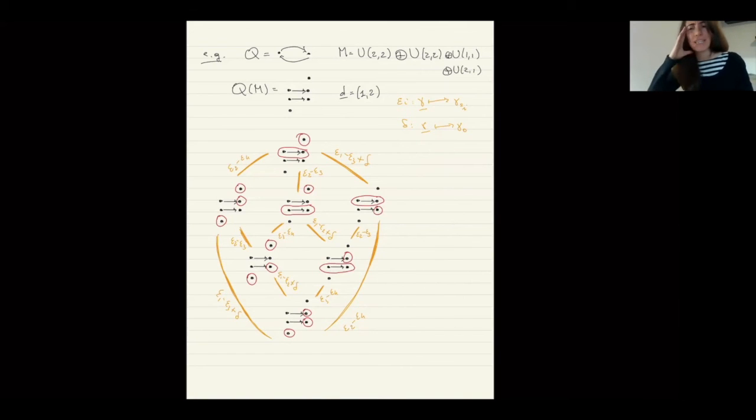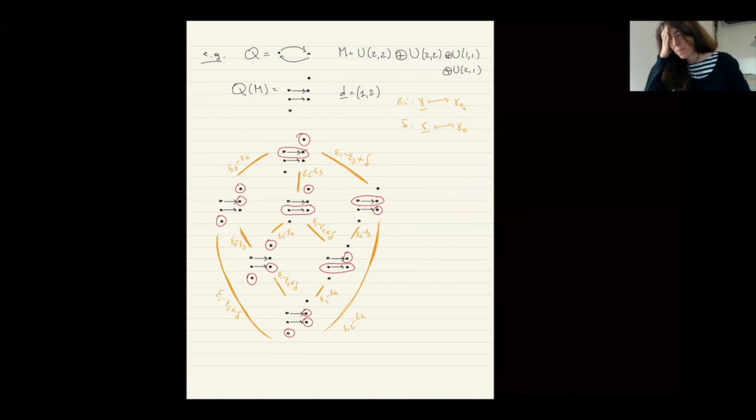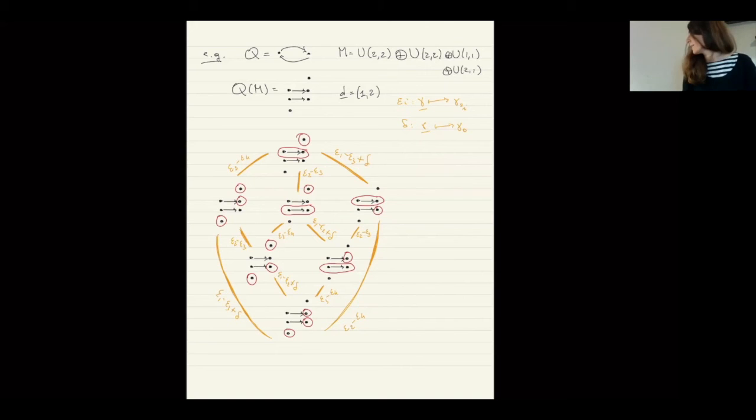So irreducible, I guess this you can control it, right? Because you look at the number of irreducible sub-representations, I mean, the isotypic component.